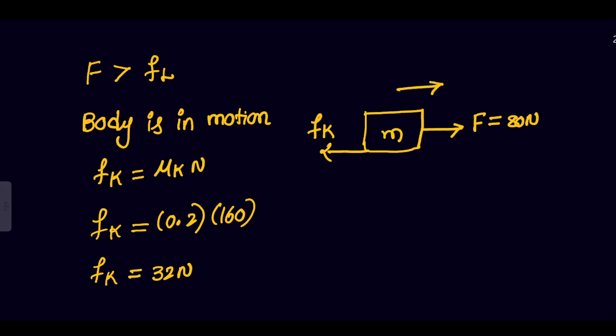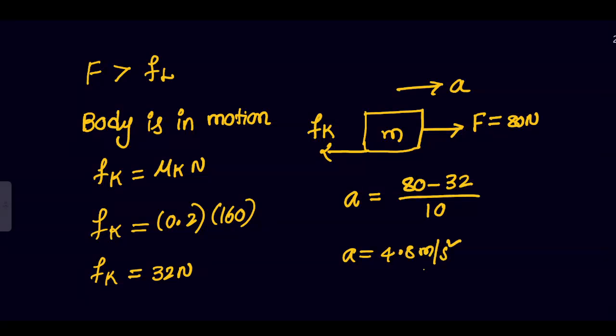The body moves in this direction. So how much is the acceleration of the body? This is (80 minus Fk, 32) by mass, 10 kg. How much is this acceleration? Yes, 4.8 meter per second square.